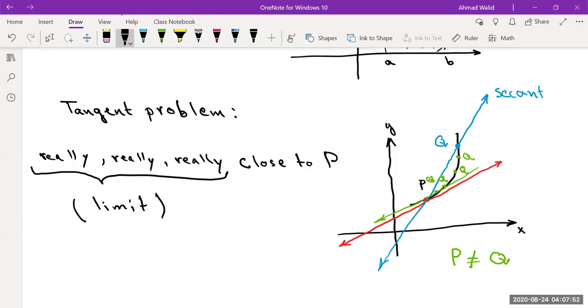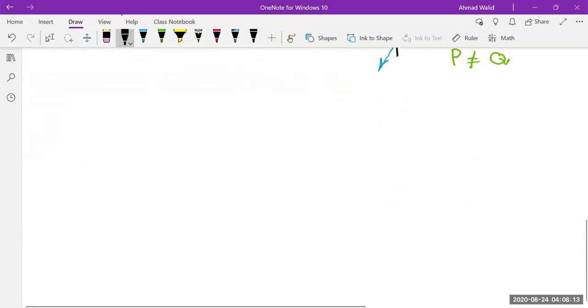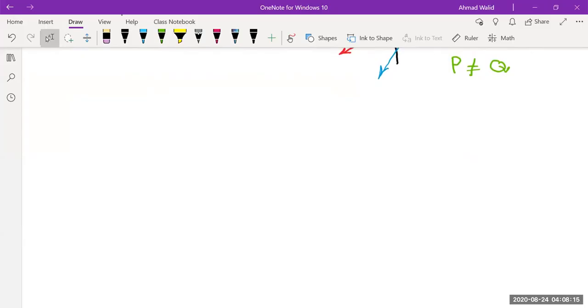This is the idea of the limit. You are moving a point in algebra really close, or your point is approaching another point really close. We call this idea in calculus limits. Correct?